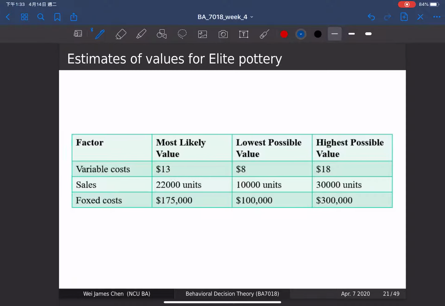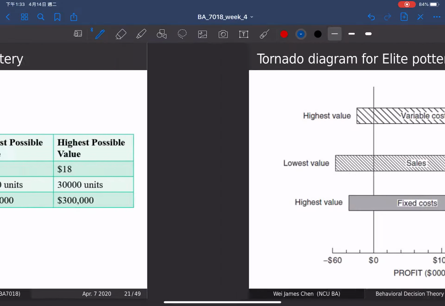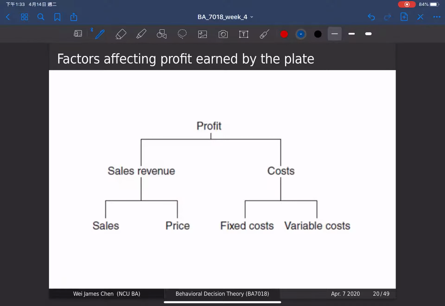So how do we convert this very simple example to a more specific, real decision-making problem?